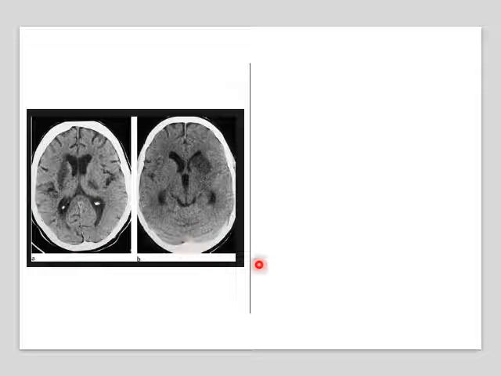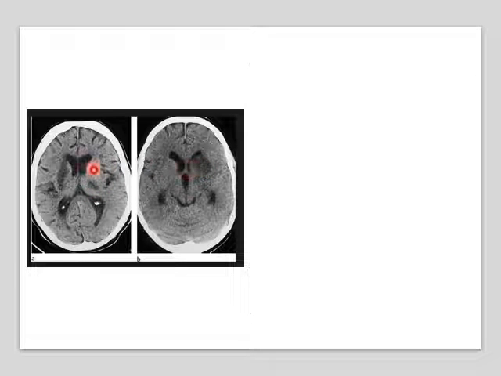Can you identify the abnormality in this CT? You see, here is the hypodense area, the basal ganglia. And this is another hypodense area. This is a hypodense area in the thalamus.